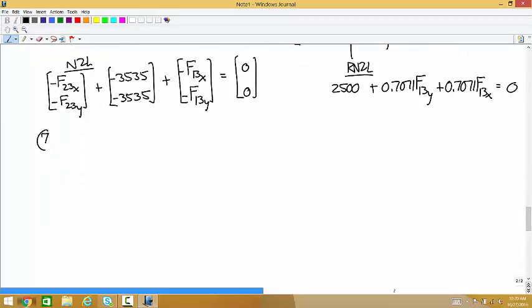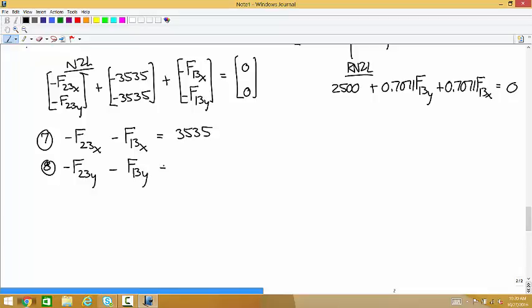So equation 7 says negative f(2,3)x minus f(1,3)x, bless you, is equal to positive 3535. Equation 8 says negative f(2,3)y minus f(1,3)y is equal to 3535.